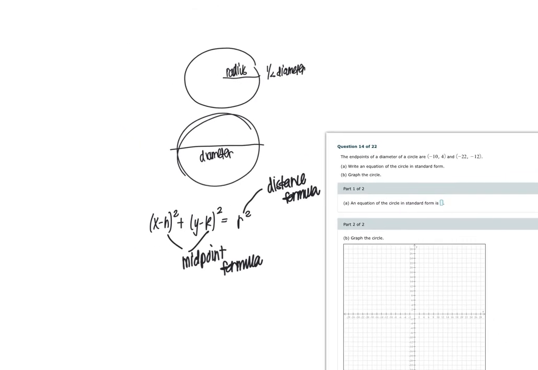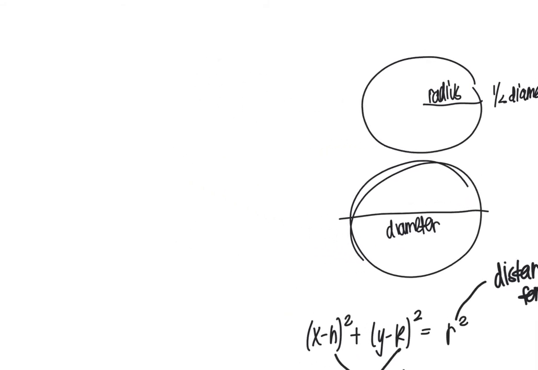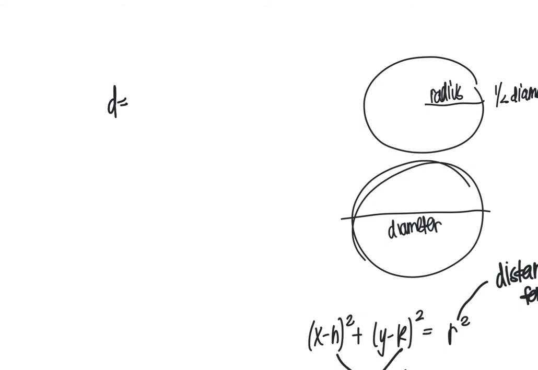So the diameter using this distance formula. The distance formula is the square root of x minus x squared plus y minus y squared.